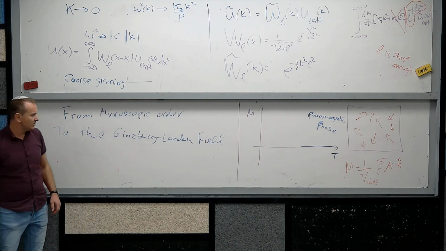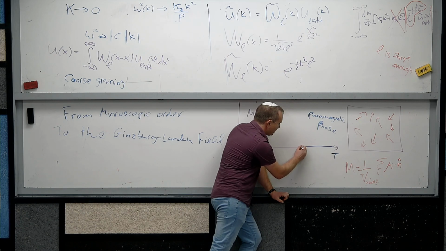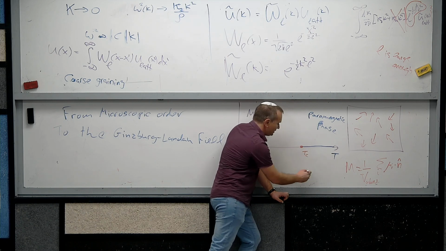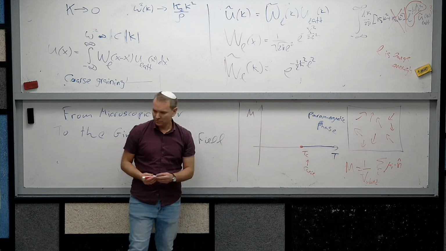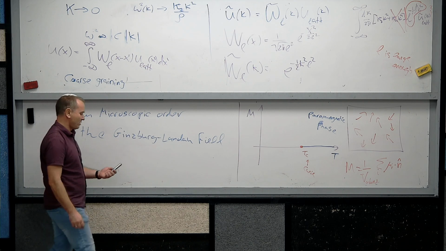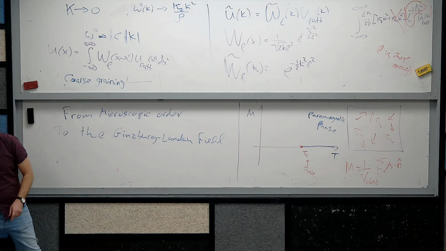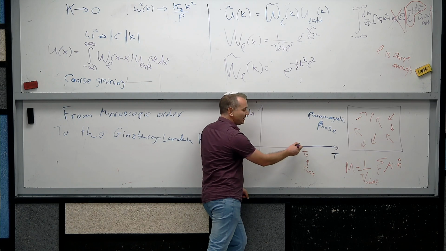Interesting behavior starts to appear at a point T_C, the Curie point, not Madame Curie, her husband, Pierre Curie. Below T_C, the magnetization is non-zero.